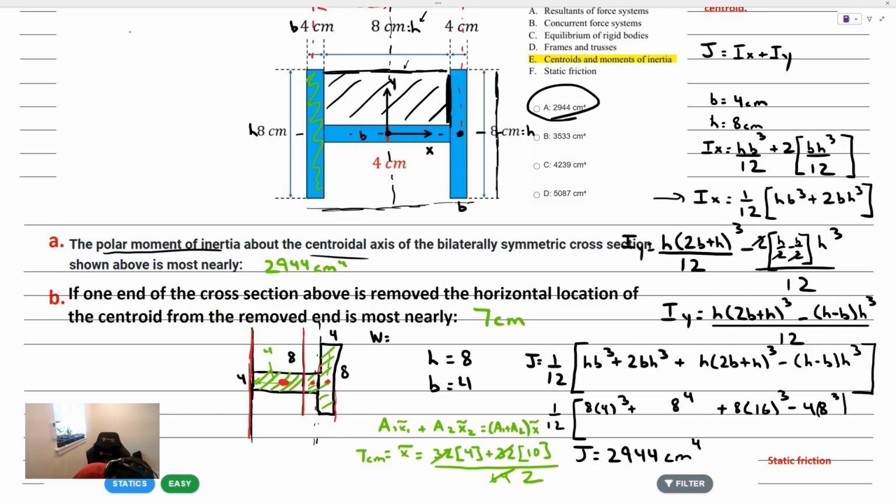We can find the weights of each of those rectangles, and those weights placed at a distance would produce a moment. In general, weight is just mass times gravity, and the mass can be computed by density times volume, or the volume could also be computed as the area times the thickness times gravity.